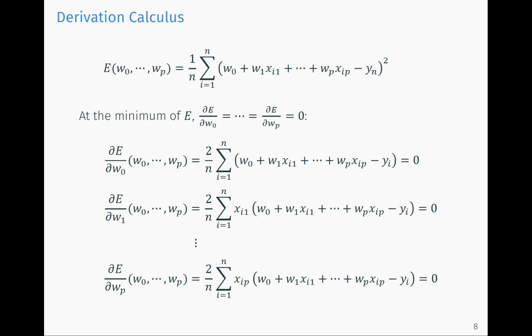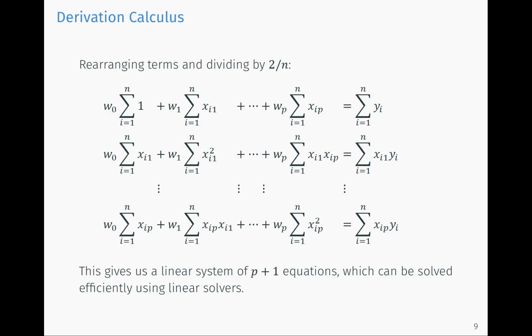It's a very good exercise. But basically, when you rearrange everything, what you end up with is a system of n equations. I know there's a lot of squares and stuff like that, but it's still a linear system of linear equations in terms of the w's. The x's are your features, and they are given, so they are constant. You're not going to change the features.